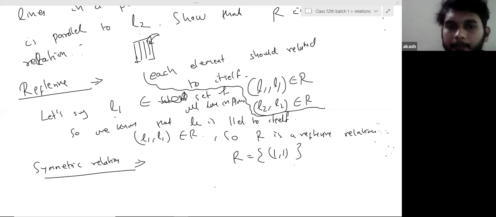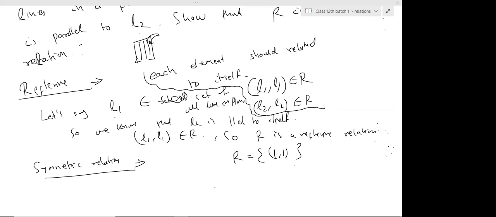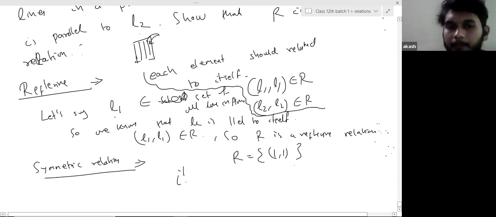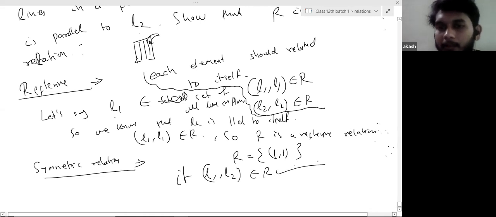Kulsum, this is clear. What is symmetric? All right, so how to think about symmetric? Always assume one element. The symmetric relation says if (L1, L2) belongs to R, this is a given thing. Always assume this; it is the first step to prove anything is symmetric.